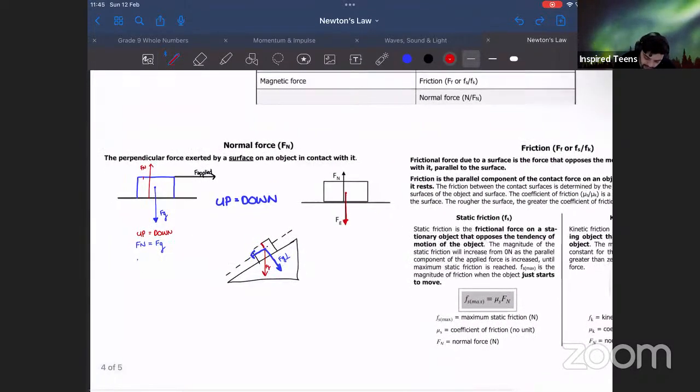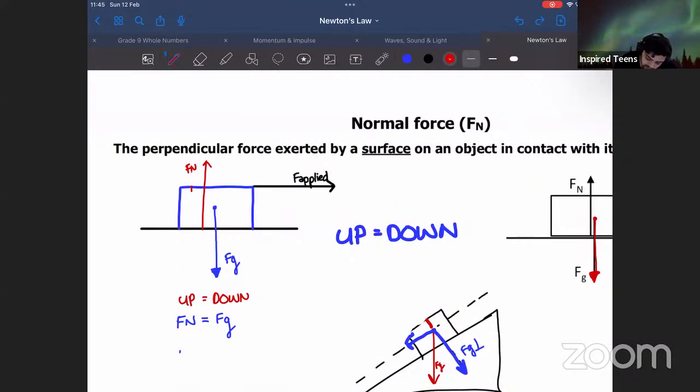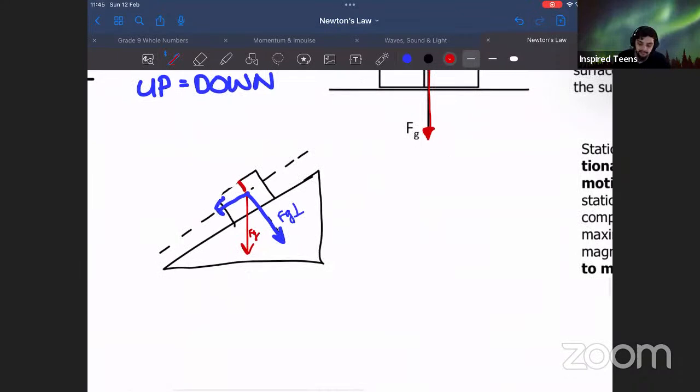So if we look at the definition, a perpendicular force exerted by a surface. So this is always perpendicular to the surface. This is the normal force. Perpendicular to the surface.